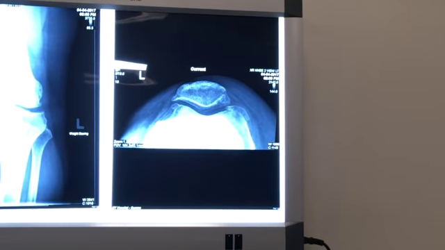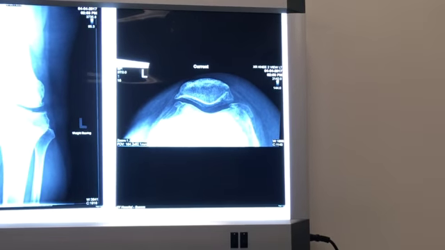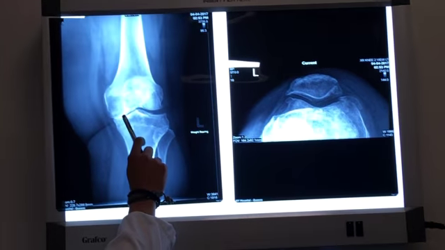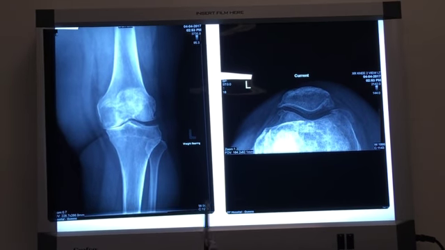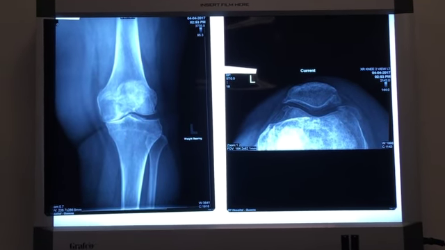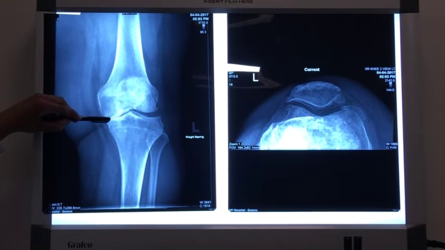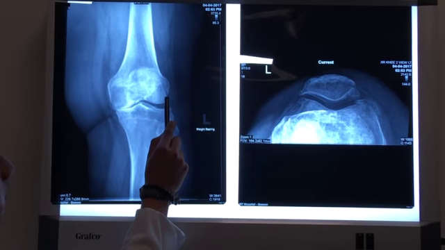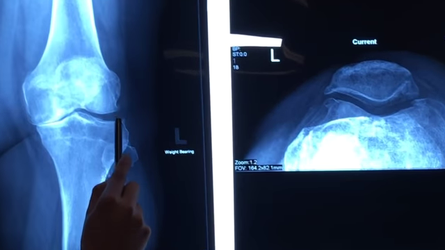Now, as we all know, when it comes to a radiograph of the knee, we're supposed to see a symmetrical joint space right here. And as we can see here, there is no joint space, as well as some bony spurs at the edges, at the lateral side right here.